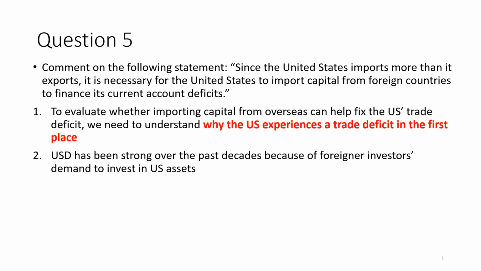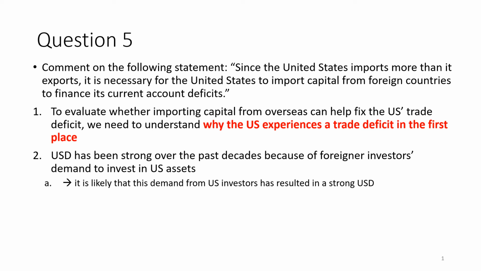And as demand is strong, it leads to a high value of USD, right? So it looks like, therefore, that the problem with the account deficit is caused by a strong value of the USD, which in turn is caused by a strong demand from investors. Okay. So with a strong USD, it makes it harder for US companies, US producers, to be competitive in the international environment, right?